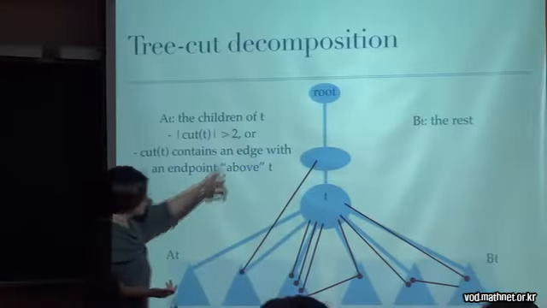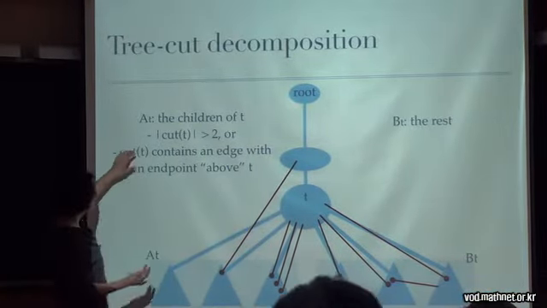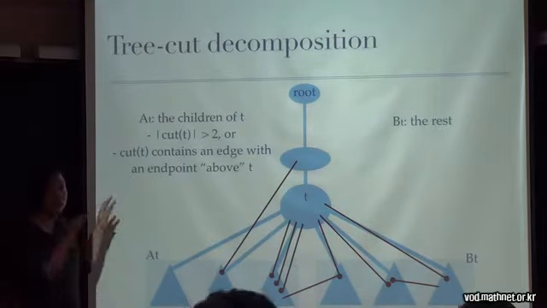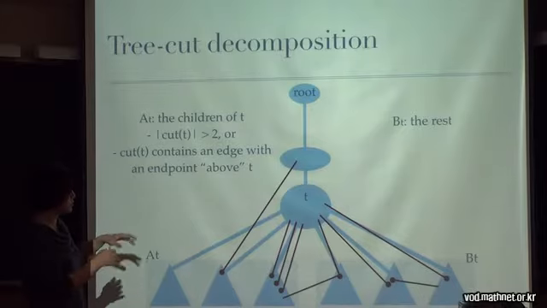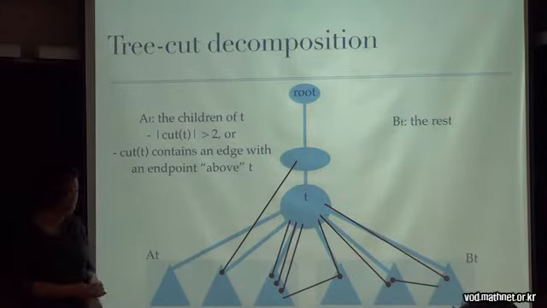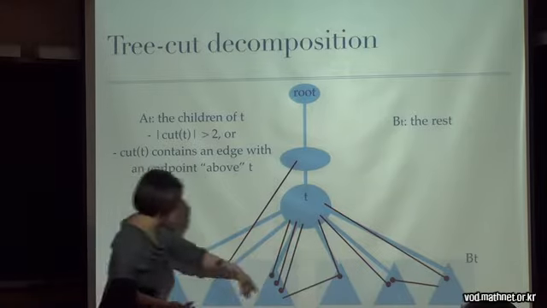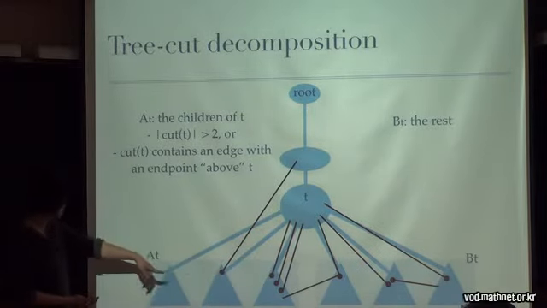So this is rooted, and I look at the tree node T. This is not an algorithm for a problem on the graph, but just pre-processing to make the decomposition neat. I first classify the children into two sets: one is AT and another is BT.